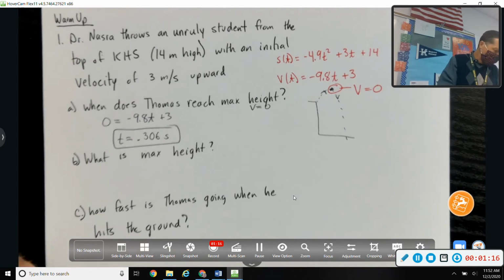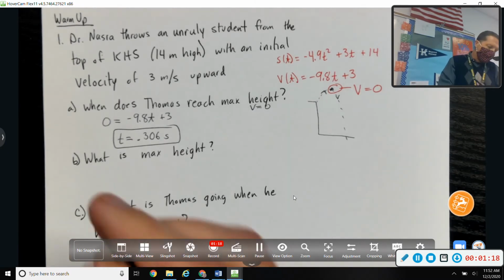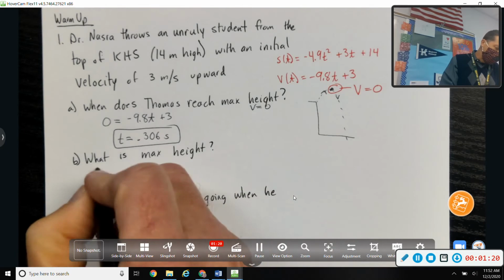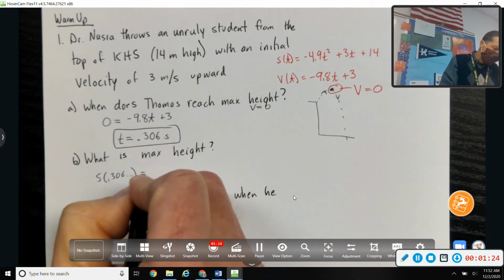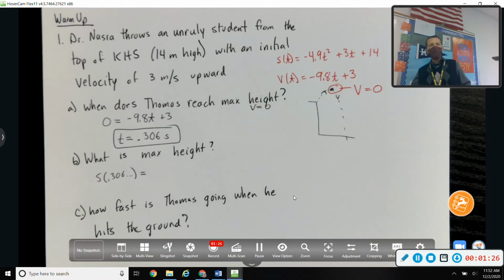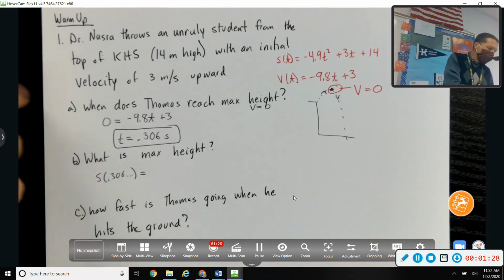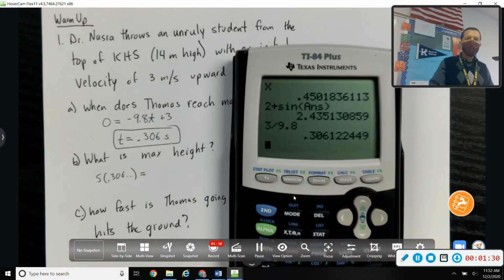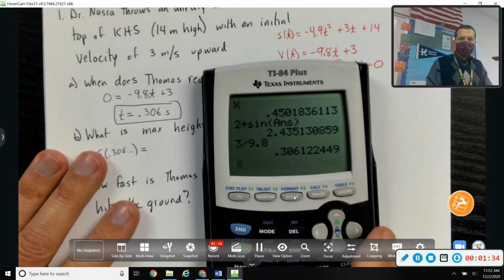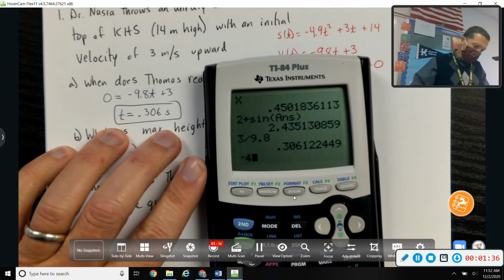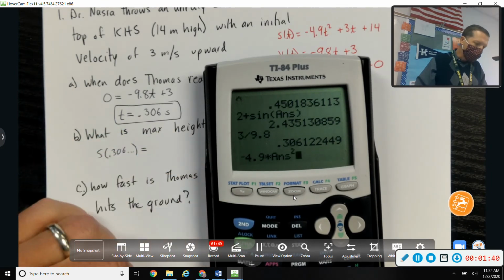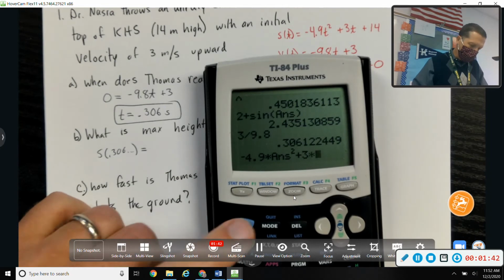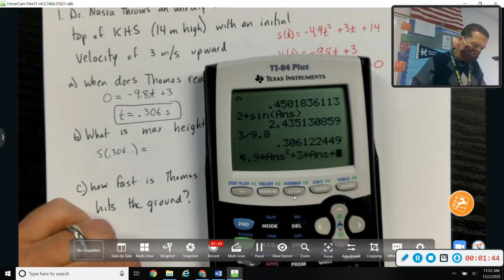What is the max height? So that means S of 0.306. But I want to use not just 0.306, but all of those decimals that come after it. So in my calculator, I'll do negative 4.9 times answer squared plus 3 times answer plus 14.